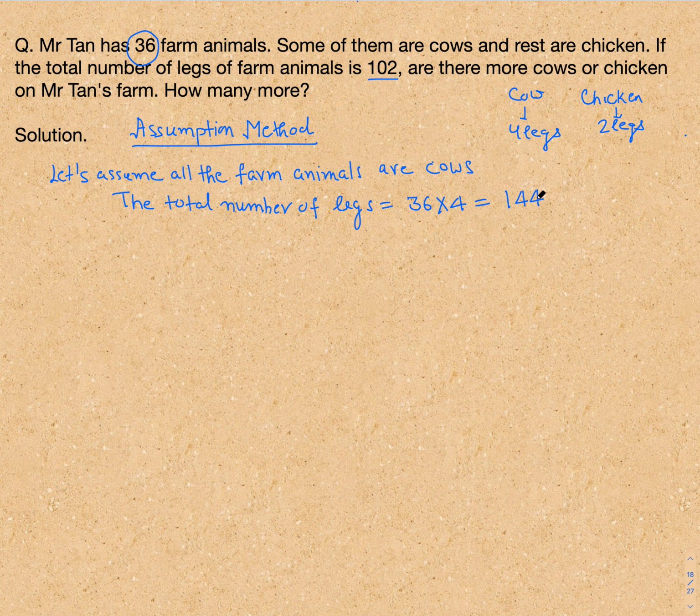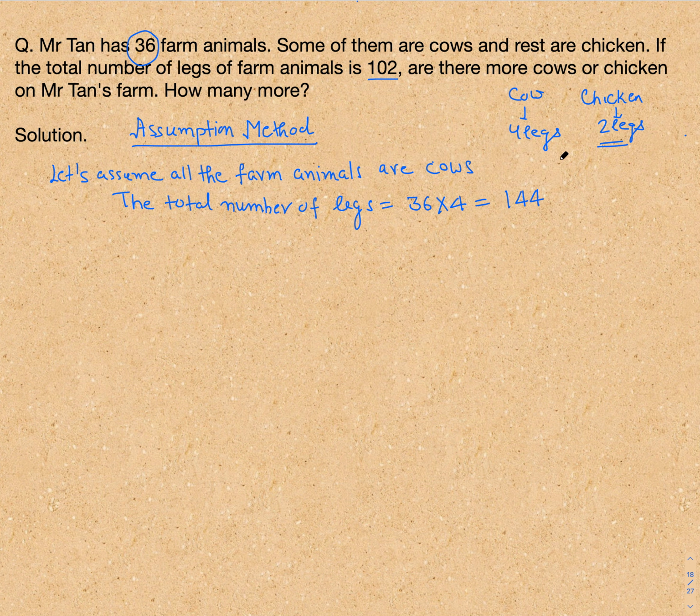144, right? Now the thing is that we are given that the total number of legs of farm animals is 102. It makes sense, because not all the animals are cows. Some of them are chicken, and chicken have only 2 legs, not 4 legs.